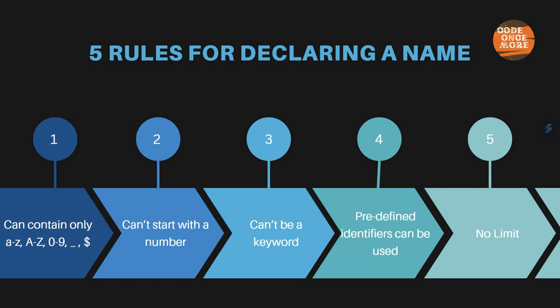Now let's move to Notepad and see examples of what is valid and what is not valid when declaring a name. Firstly, the first rule was that we can use small a to z, capital A to Z, 0 to 9, underscore, and dollar. See the example of a variable name.